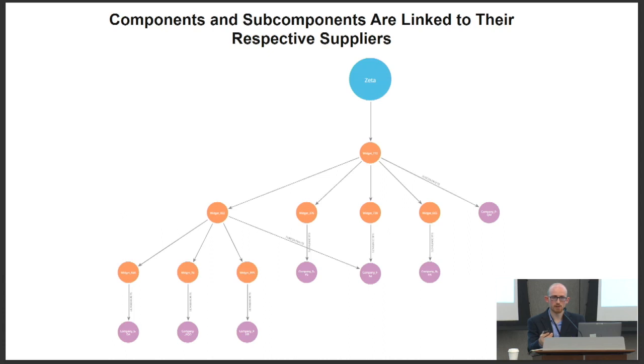Now, let's consider what this would take if we were not using a graph. So this is pretty simple. We only have 3 kinds of nodes. But let's say we are doing this in a more table format, relational databases instead. We would need 1 table for Zeta, the programs, the top level systems. We would need another table for the components, a 3rd table for the contractors.